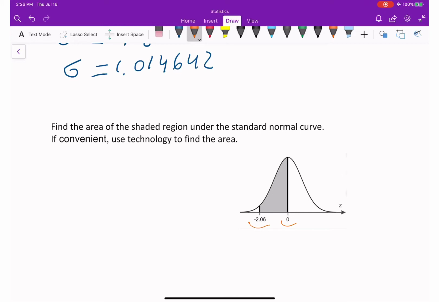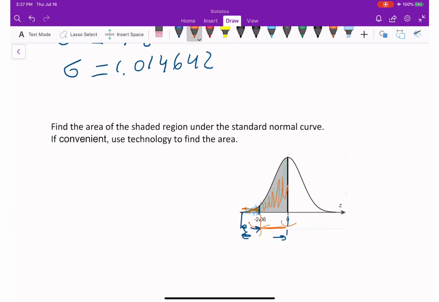Once we find it for negative 2.06, it's going to be this area right here. And for the probability of 0, it's going to be this area, coming all the way, overlapping all the way to the end. So again, if I take this area and subtract this piece, I will get the piece that we are interested in, this area. Okay, let's see.